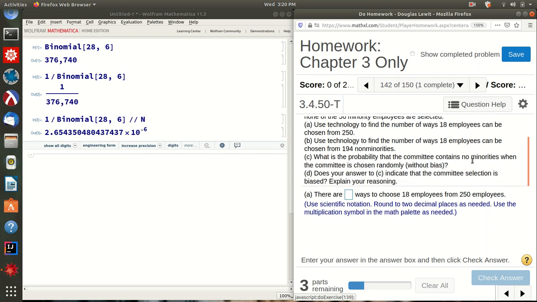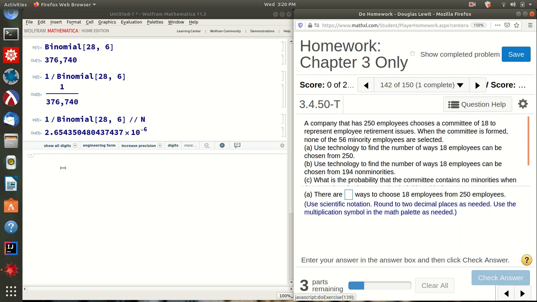Part C, what is the probability that the committee contains no minorities when the committee is chosen randomly without bias? Part D, does your answer to Part C indicate that the committee selection is biased? Explain your reasoning. Okay, so Part A is pretty easy.